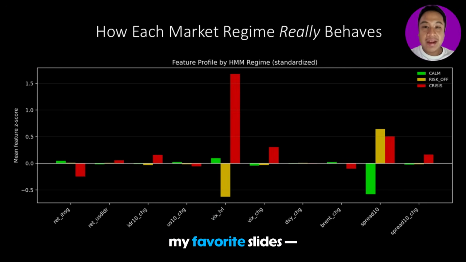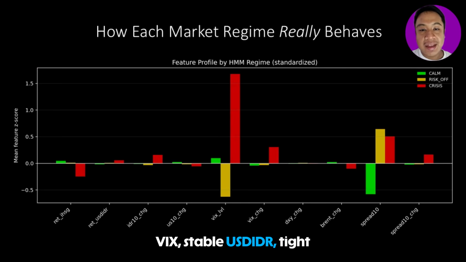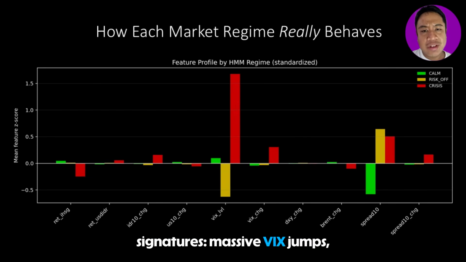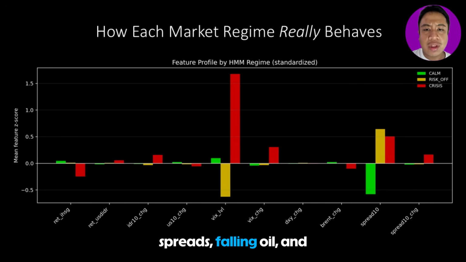This is one of my favorite slides, the macro fingerprint of each regime. The model finds that calm periods have low VIX, stable USDIDR, tight yield spreads, and small daily moves. Risk-off periods show mild stress, higher VIX, weaker rupiah, and rising yields. Crisis periods show extreme signatures: massive VIX jumps, sharp rupiah depreciation, wide spreads, falling oil, and big stocks market drops.